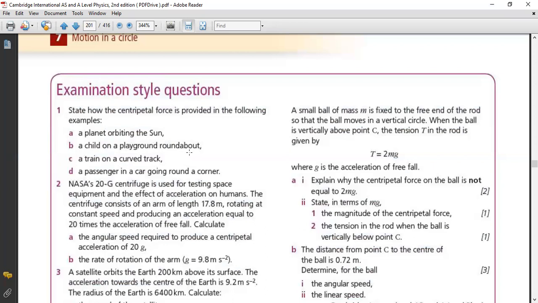Second, a child on a playground roundabout. So there is a child on the playground, and that child is on something that is rotating in a circular path. In this case, which thing will provide the centripetal force?